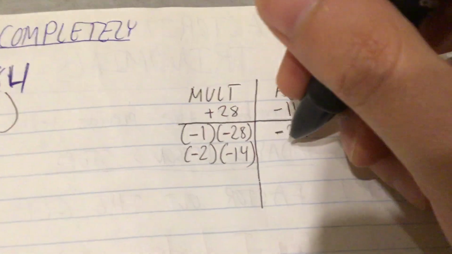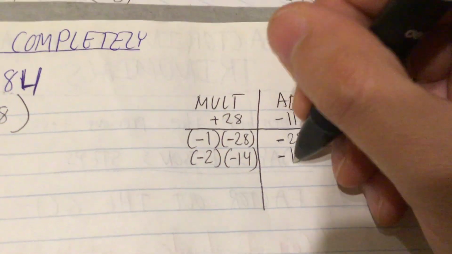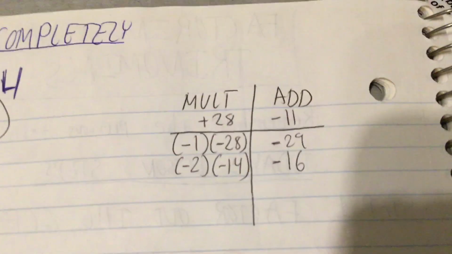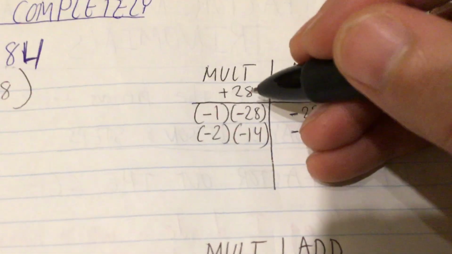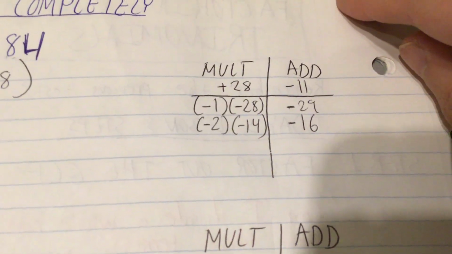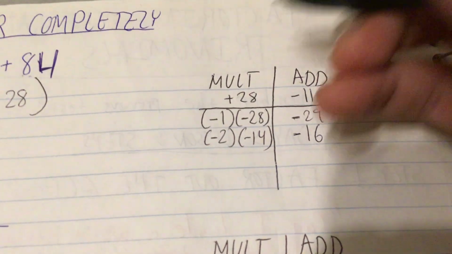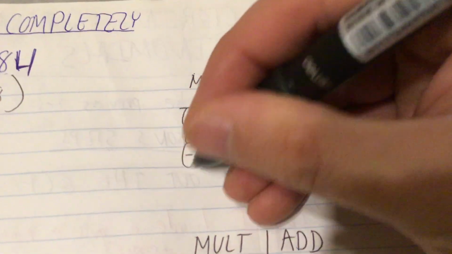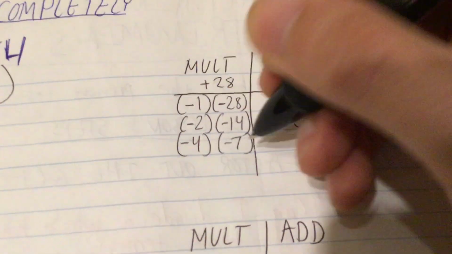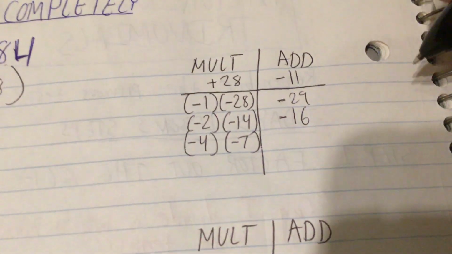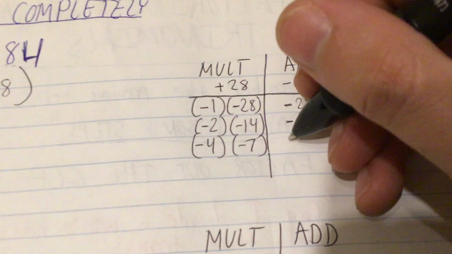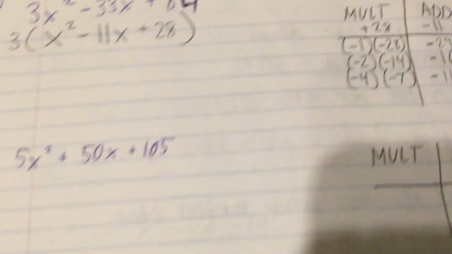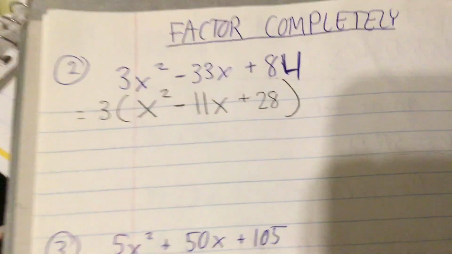Negative 2 plus negative 14 is negative 16. That doesn't work. Let me try 28 divided by 3. Decimal. All right, let me try 28 divided by 4. All right. Negative 4, negative 7. Negative 4 times negative 7 is positive 28. Negative 4 plus negative 7 is negative 11. We've got a winner. So the winning combination is negative 4, negative 7.